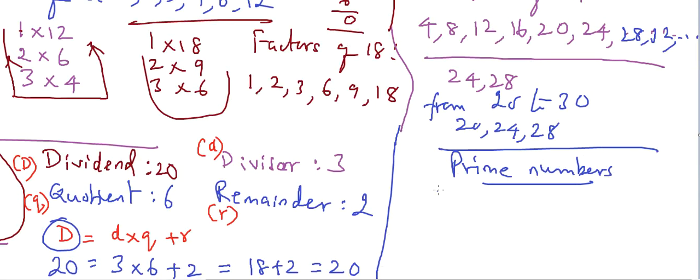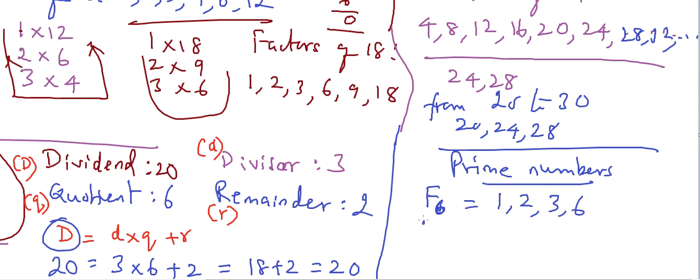So what are the factors of 6? The factors of 6 are 1, 2, 3 and 6. So there are 4 factors. That means 6 is not a prime number.